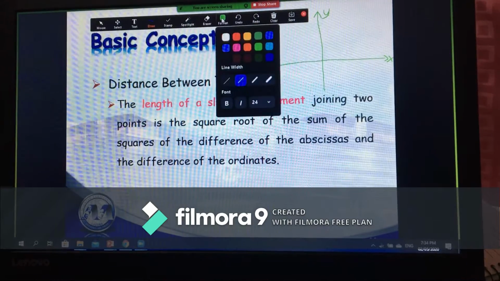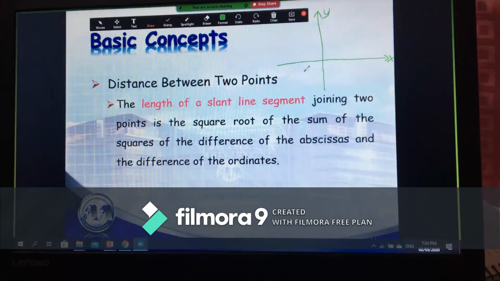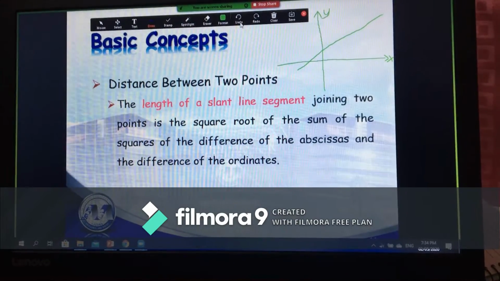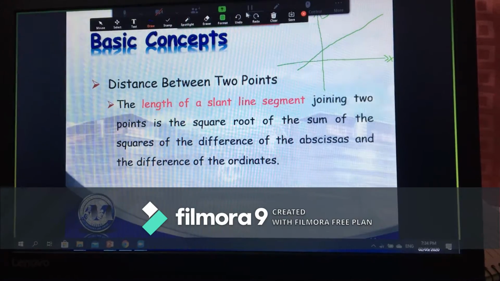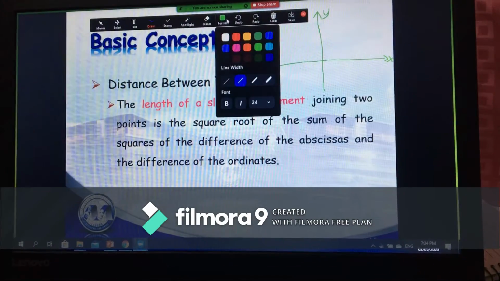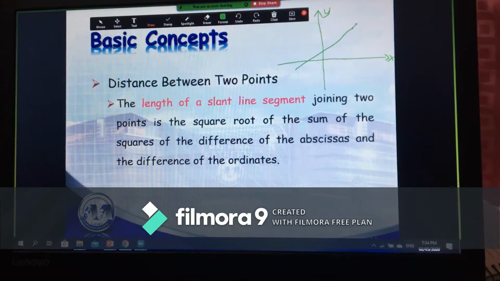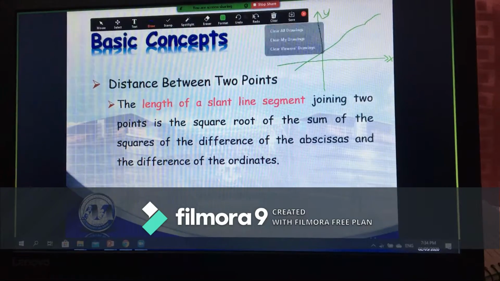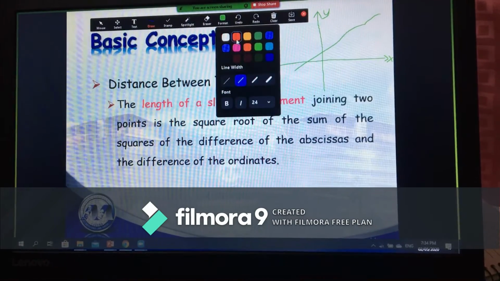Now if you have a line that say something like this, ito yung line natin, and you're asked, so assuming straight na siya. Okay, straight line. Hindi talaga naging straight. Basta assuming class straight line yan siya. Okay, so assuming we have 2 points here.